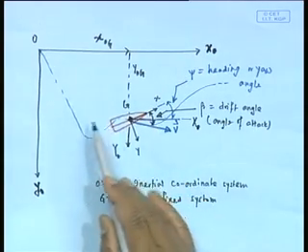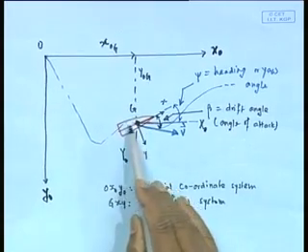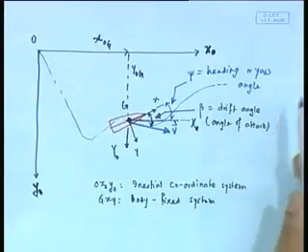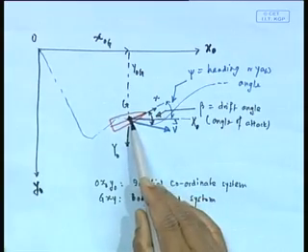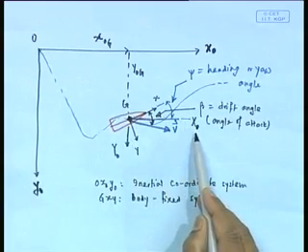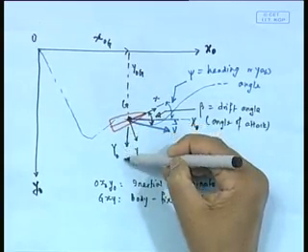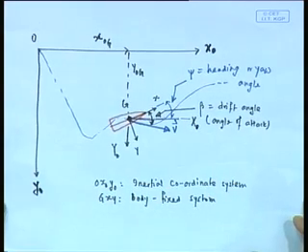So m into that acceleration should be equal to force in this direction. Let me define, for the sake of definition, force in this direction as x0 and force in this direction as y0. That means x0 and y0 are forces along the inertial coordinate system.